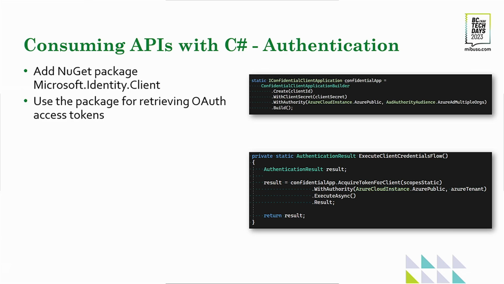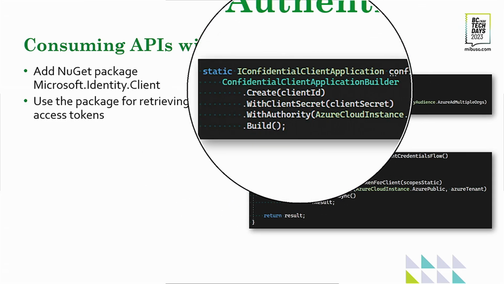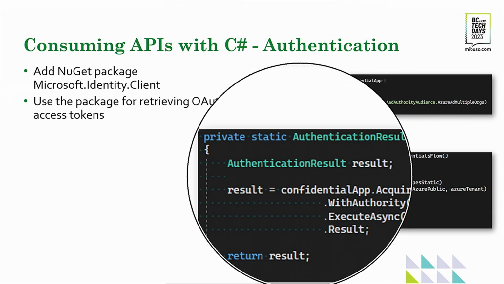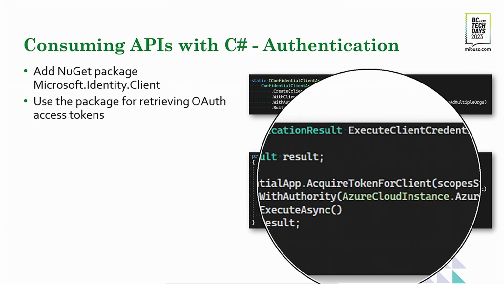This is the other one, for using the confidential client. When you have a secret, then you use that builder with .Create with the client ID, and you supply the client secret. That is also the one that you need to use for service-to-service authentication, which is actually this piece of code: confidential app acquire token for client.